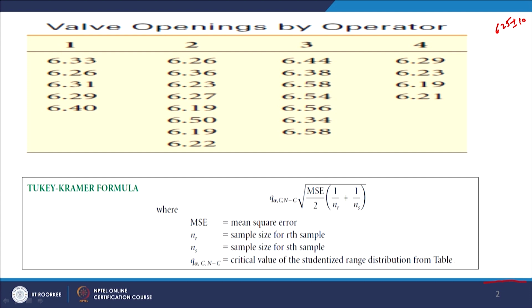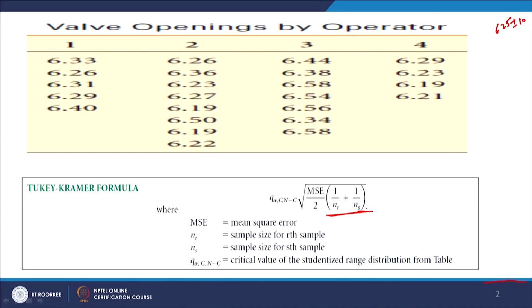So, is there any significant difference amongst the means of these 4 groups, or can we say that the means of these groups are the same when the valves are being made by 4 different operators, right? So, this is the TK test.